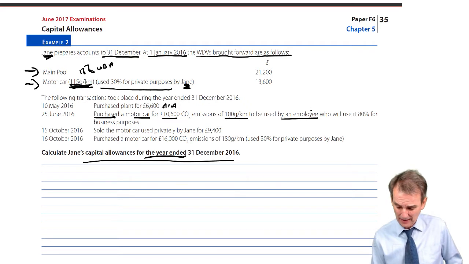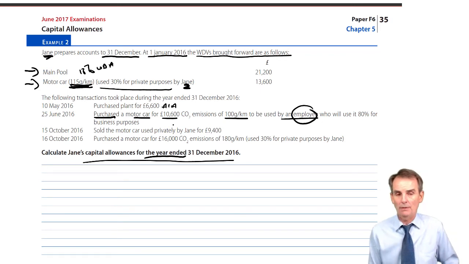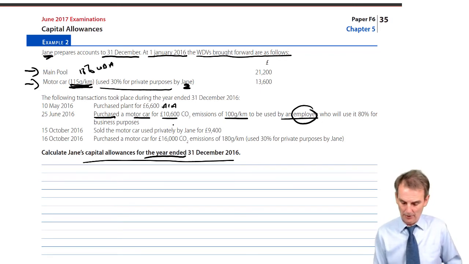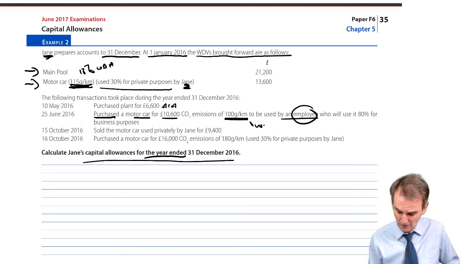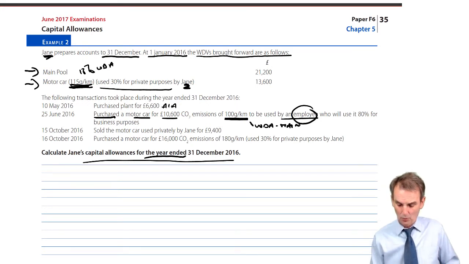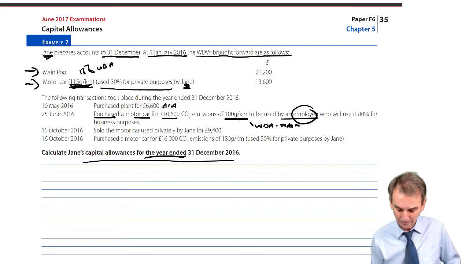No, we don't. It's by an employee. So just as we've seen before we knew anything about private use by a proprietor, we're buying a car, 10,600, emissions 100 grams per kilometre. What does that mean? It means that WDA will be available and that it's a main pool item.